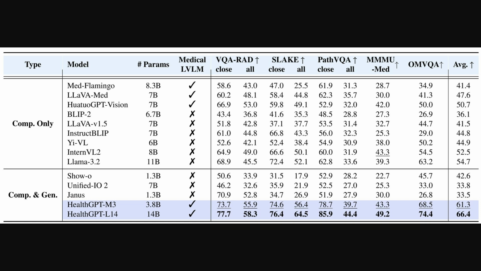If you look at the average scores on the far right, HealthGPT M3 gets 61.3, and L14 gets 66.4, which is way better than other unified models like Unified IO2 at 33.8, and even beats strong comprehension-only models. This really shows that their approach works, unifying tasks without losing that crucial comprehension ability.